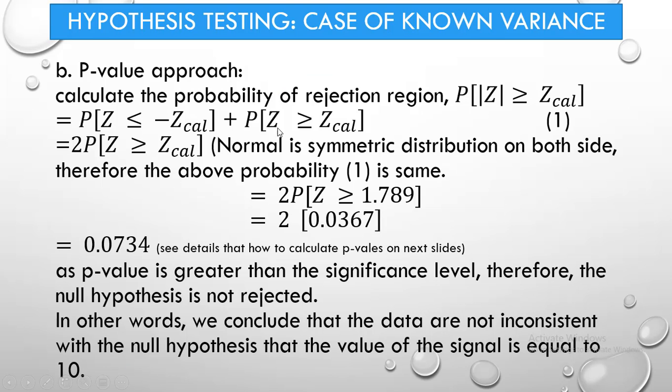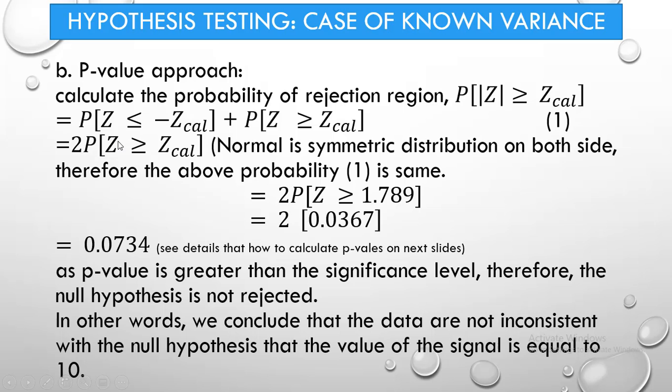So we will do it like this. P value you can calculate like this: probability of z less than or equal to minus z alpha by 2, that means minus 1.789 here, plus probability of z greater than or equal to z calculated, this means 1.789. So this will give you both side probabilities.